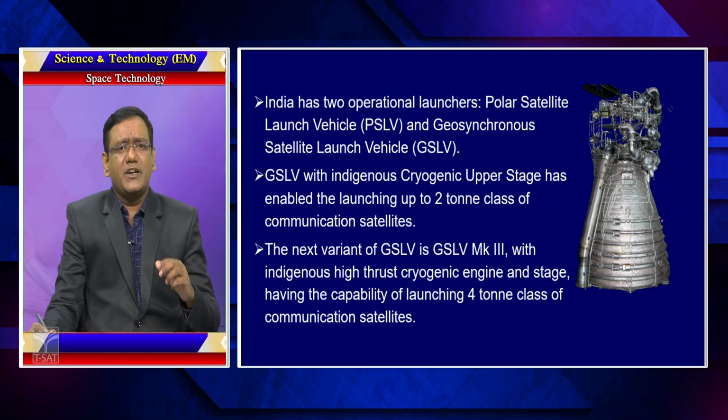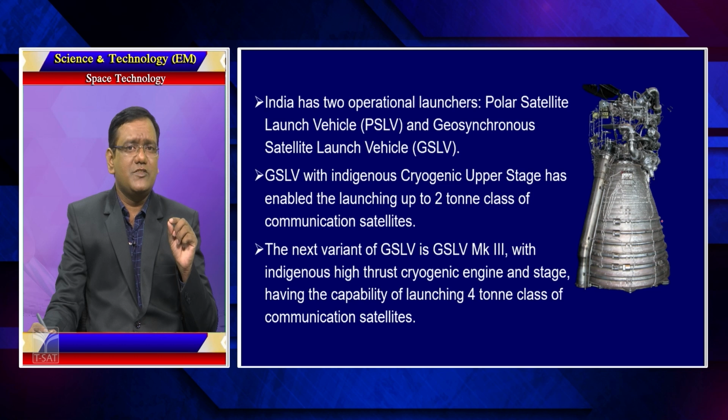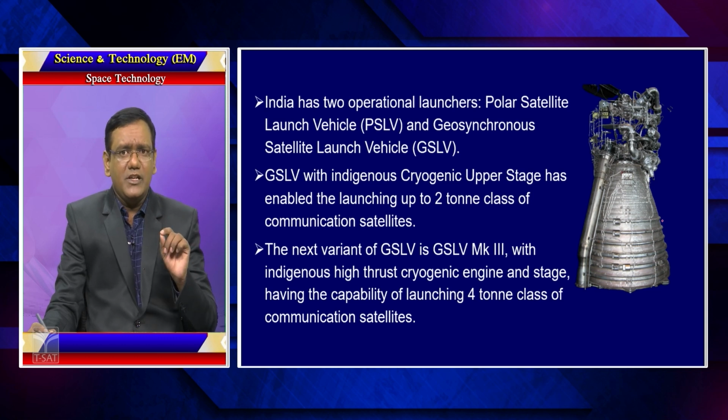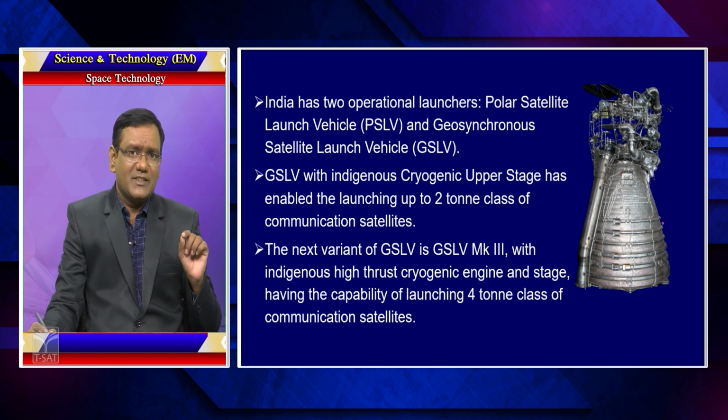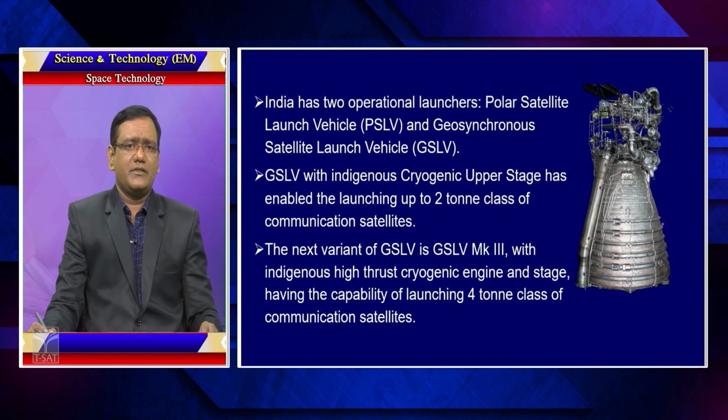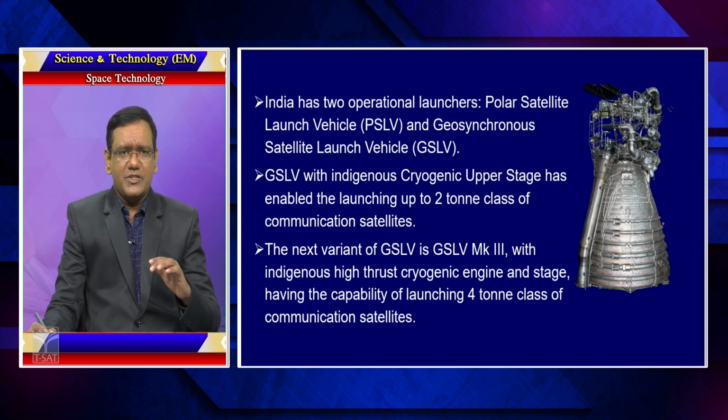That's the reason why we are using this cryogenic part in the Geosynchronous Satellite Launch Vehicle, because we want to keep our satellite in geosynchronous orbit. We need more power for that, because that altitude is more than 35,000 kilometers. So that's the reason why we are using this cryogenic engine. It is an upper stage engine. We will talk about this in detail later.